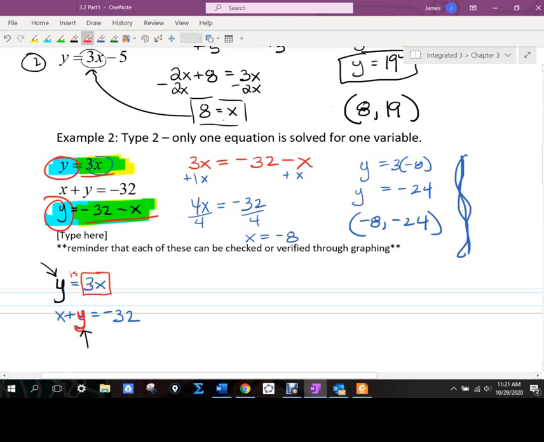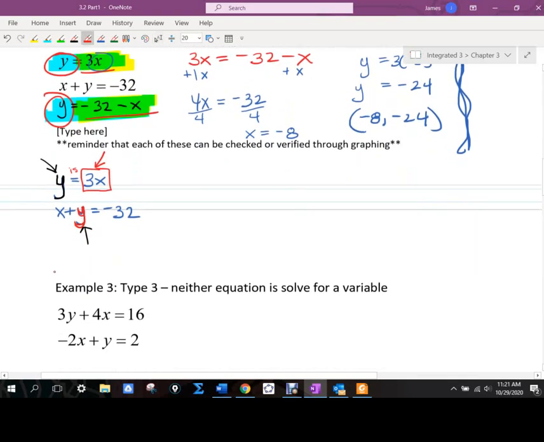If the first equation tells me y is 3x, I can replace it with 3x. So when I do that, I get x plus 3x equals negative 32. How many x's does that give me? It gives me 4x equals negative 32.